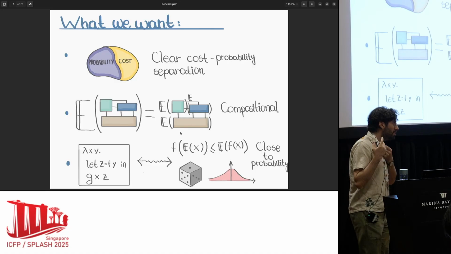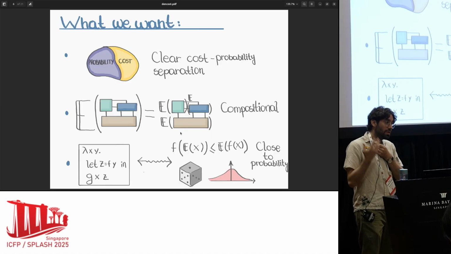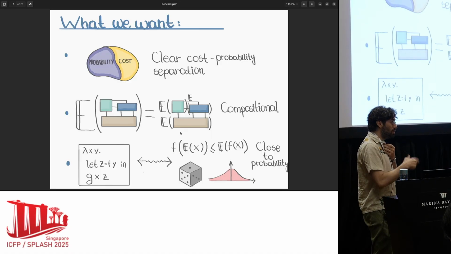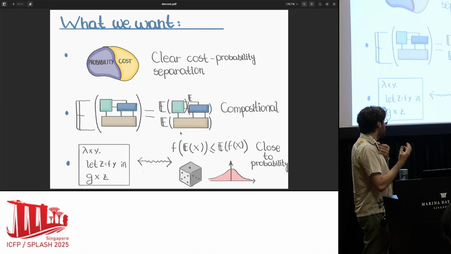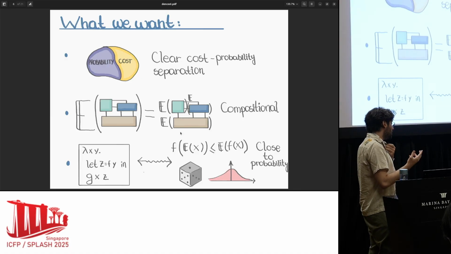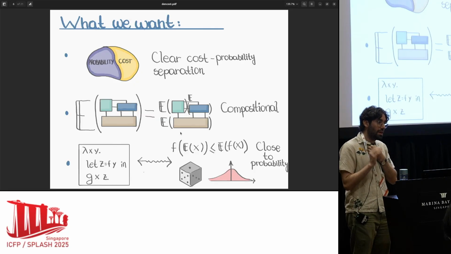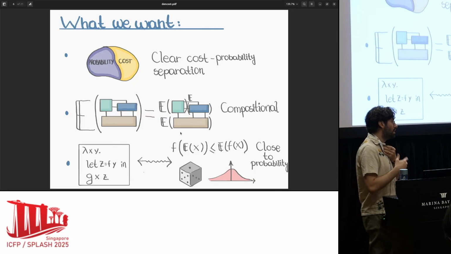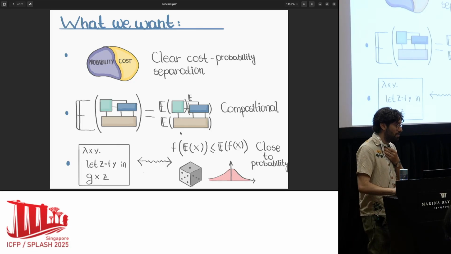And you want it to be very close to actual probability theory, so that you can use theorems from probability theory to reason about your programs. If you look at the way these algorithms are usually reasoned about, you often need very sophisticated reasoning principles that should be easy for you to use if you want to reason about your program.